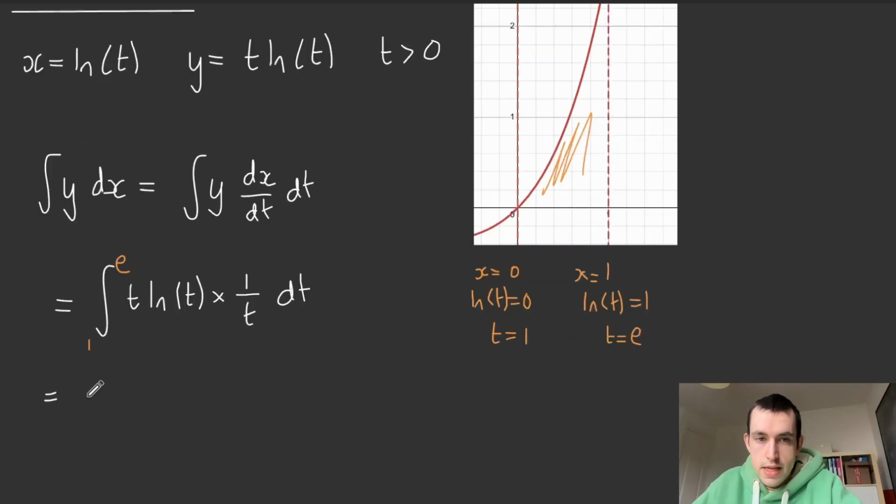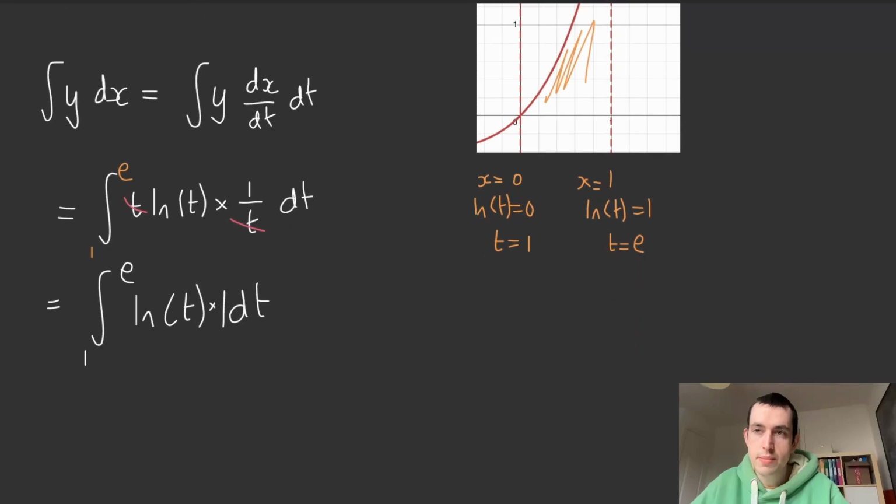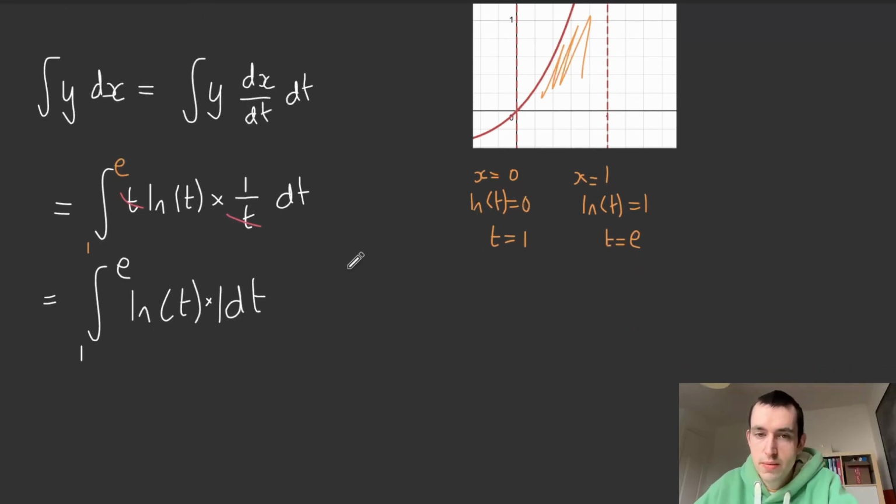Now to integrate this, you'll notice that the t's cancel out, which means that if we want to integrate this, we need to know how to integrate ln t. This is a by parts. It doesn't look like one, but we need to add times by 1 at the end to turn it into a by parts. If you're not as familiar with that method, visit my by parts video.